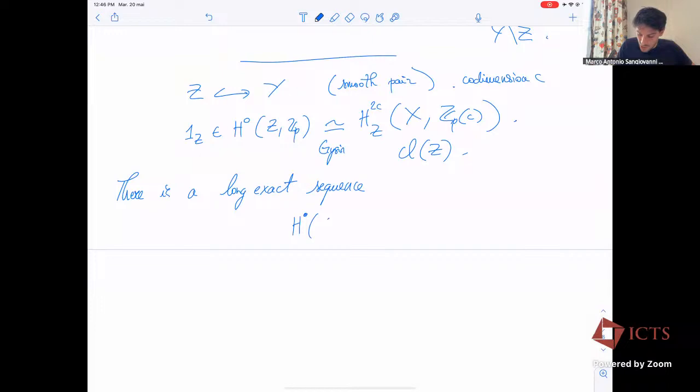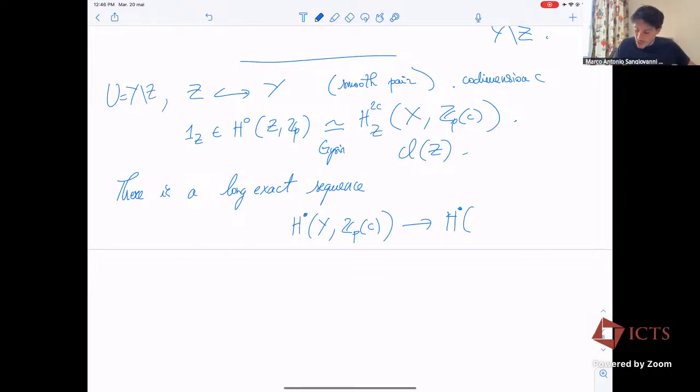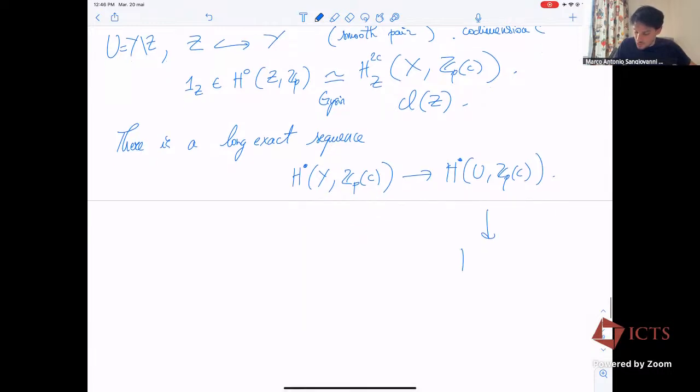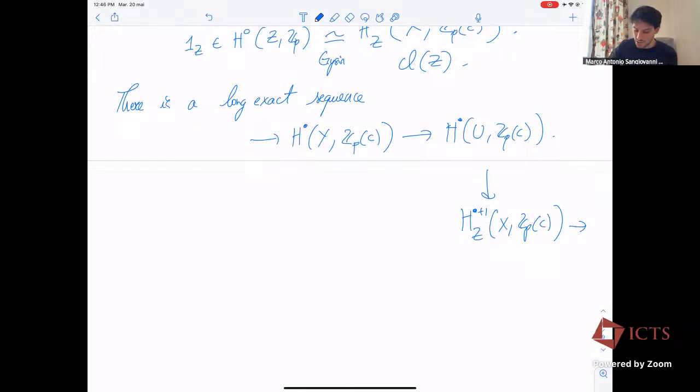You have the cohomology of Y with, let's say, Z_p(c) coefficients, to the cohomology of, let me write U is Y without Z. And so Y to the cohomology of U, this is just pullback. And then you have the cohomology with supports in Z. Okay, so this is +1 actually. Okay, this is the long exact sequence.